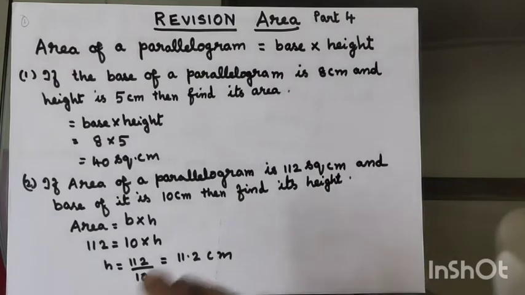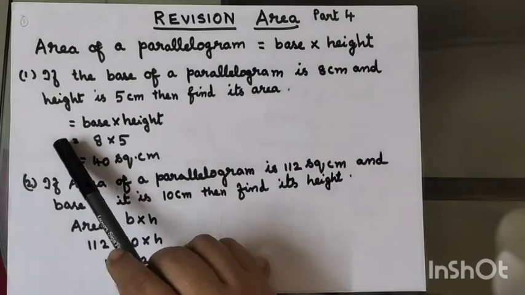Children, I have written in short because I had given everything in the chapter when I explained. So you can understand here which formula you have to use. Area of a parallelogram is equal to base into height.